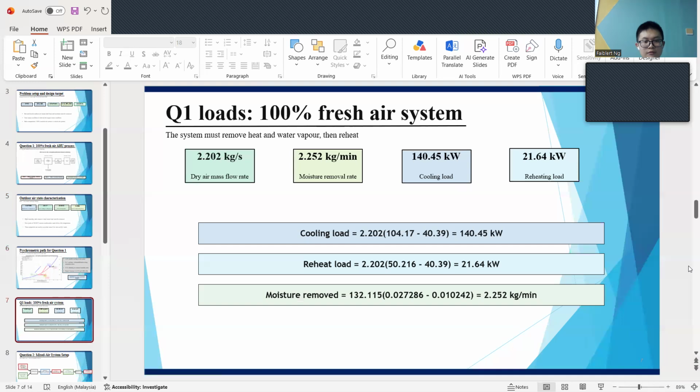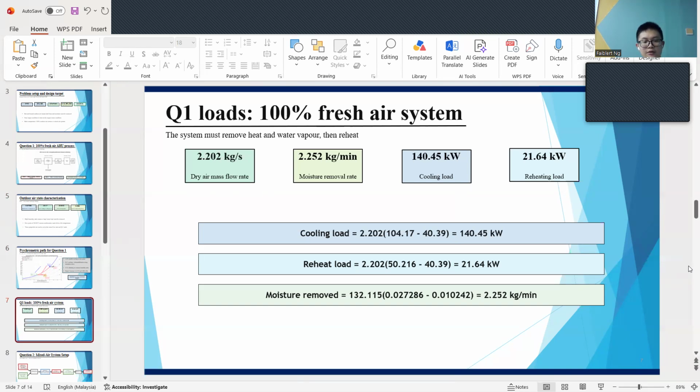Next slide. This is the value calculation for Question 1. The dry air mass flow rate, m_dot_DA, is 2.202 kg per second. The moisture removal rate, m_dot_w, is 2.252 kg per second. This moisture removal is quite high because the system uses 100% outdoor air.